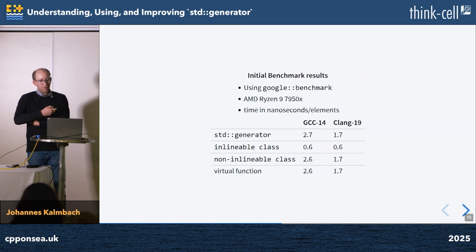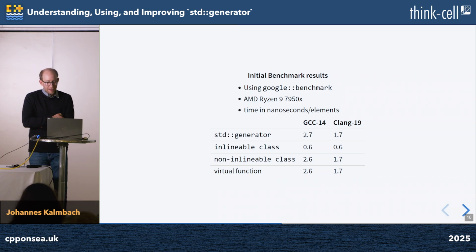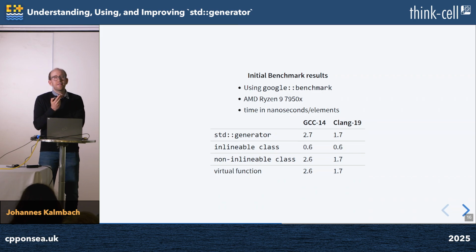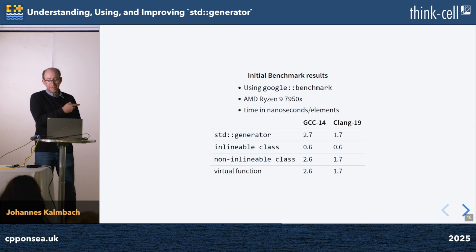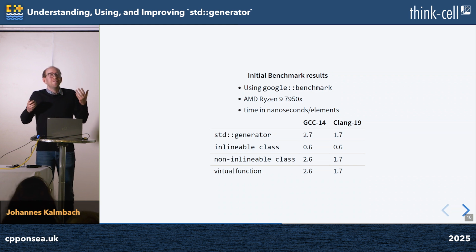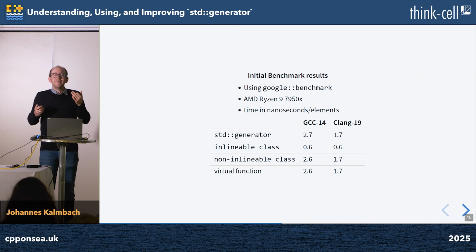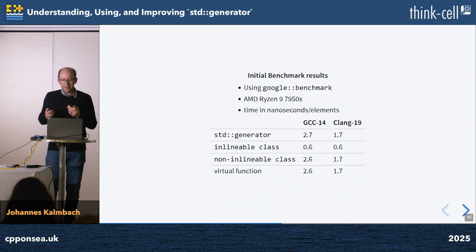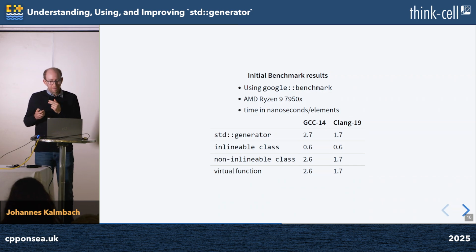on both compilers, there are two classes, so two types of behaviors here. There's the indirect behavior: you see the non-inlineable and the virtual function, and apparently also the generator. Those have this characteristic that it obviously costs to have some indirection via one or two hops via a function call, which you cannot know at compile time.